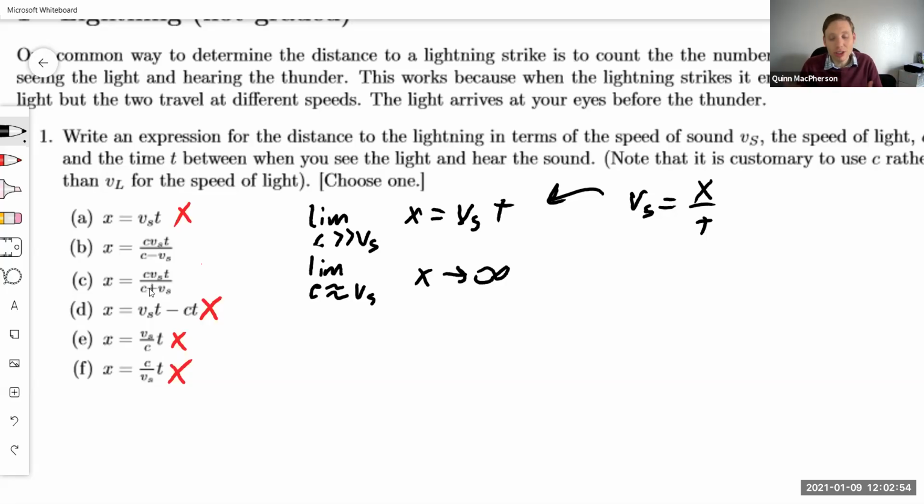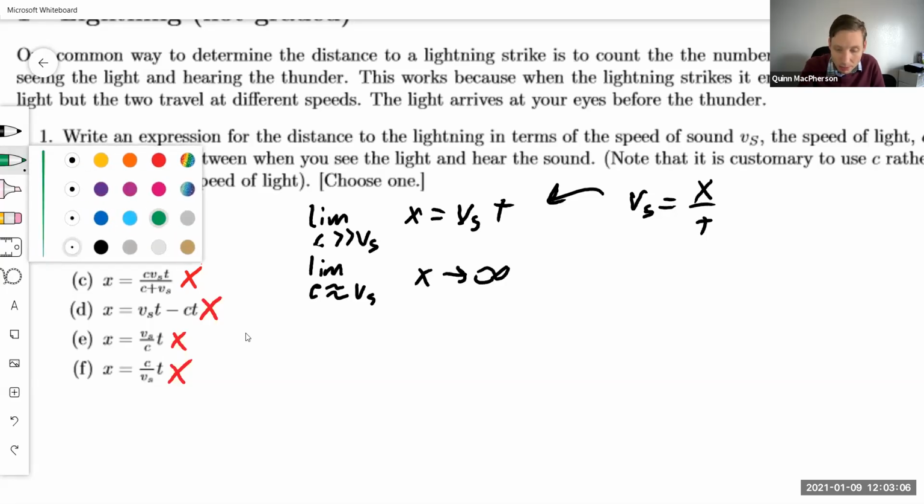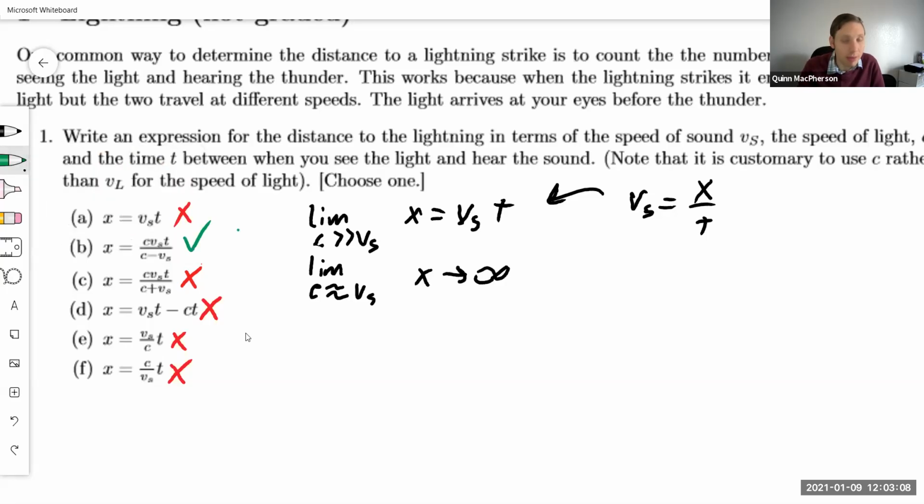They wouldn't cancel each other. So that one would not get really large, but b would. So we can eliminate via this limit a and c, the only remaining option being b, which is indeed the case. Okay, so that is a way to use limits to solve a problem.